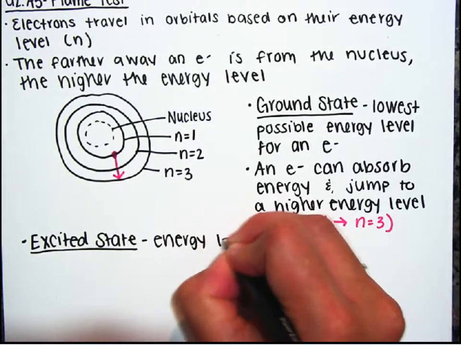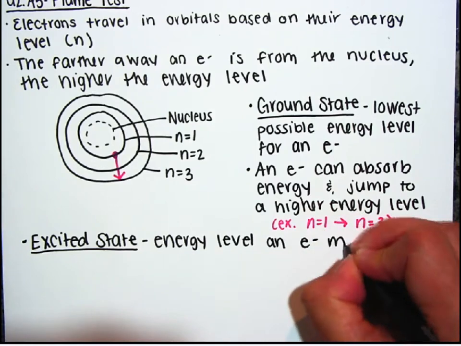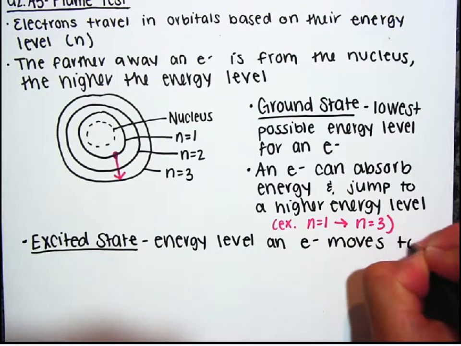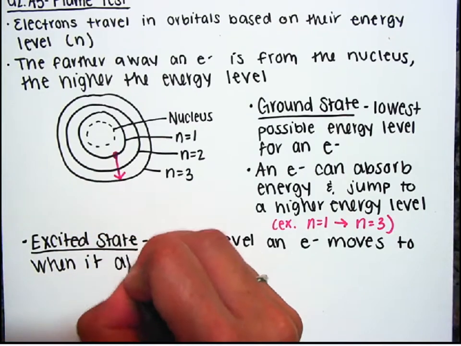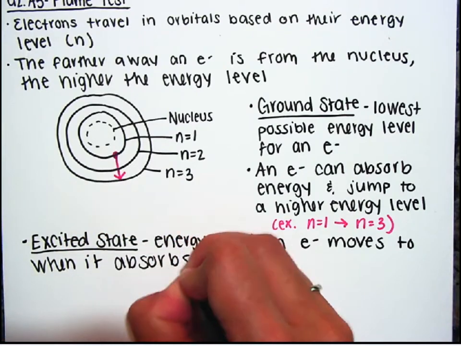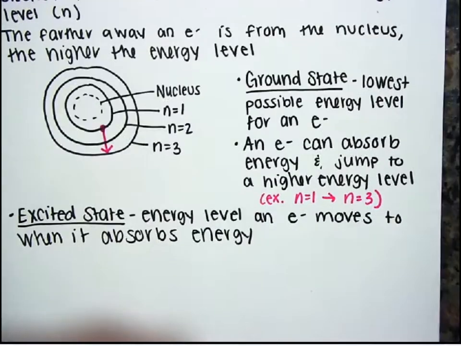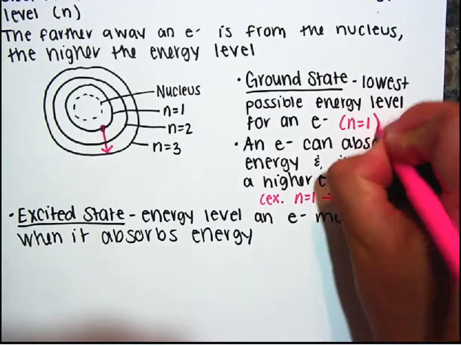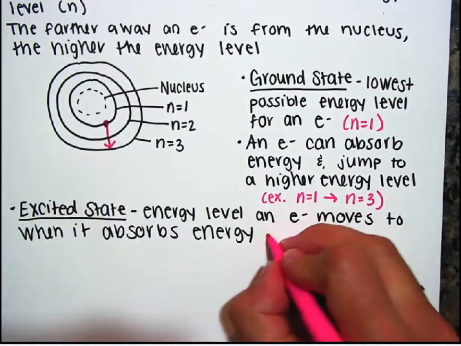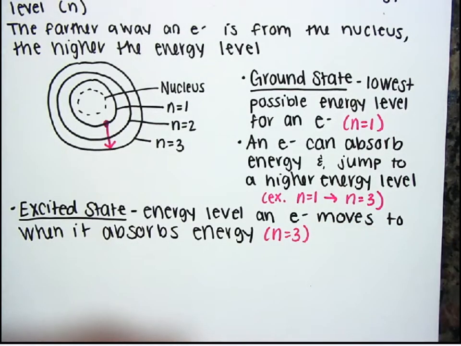The excited state is the energy level an electron moves to when it absorbs energy. So again, for this example, my ground state would be that first energy level. It absorbs some energy and it moves up to the third energy level. N equals 3 would be its excited state.